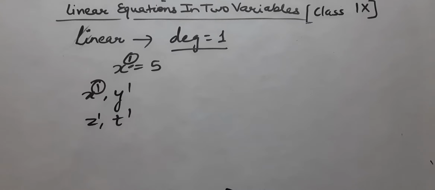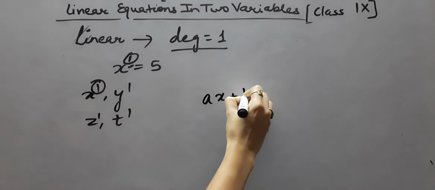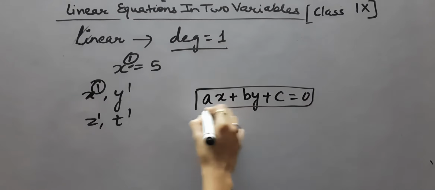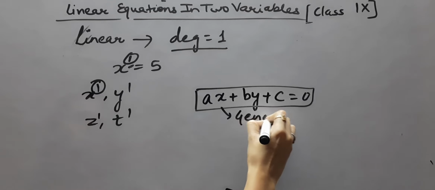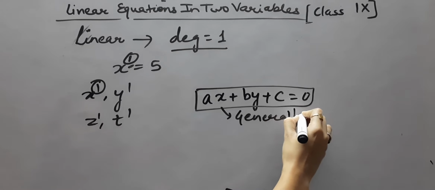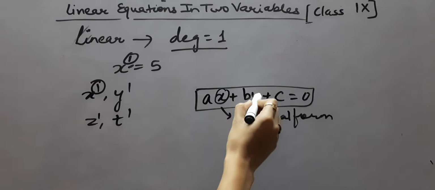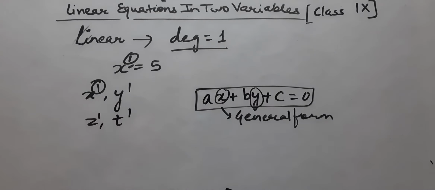So the standard form, or the general form for this is ax plus by plus c is equal to 0. In this, you can see that these are two variables x and y.